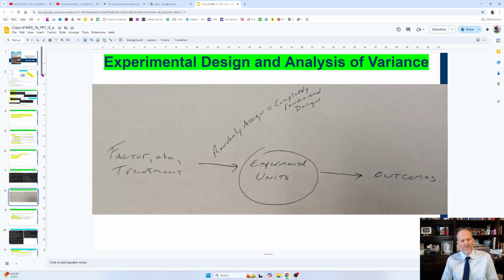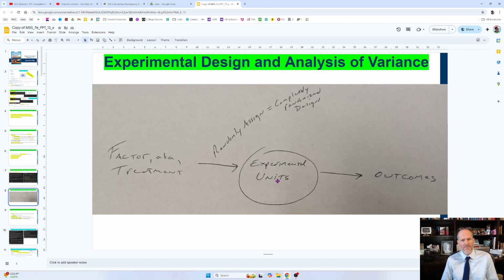But the factor might be diet, and then the treatment would be different types of diets, right? So I think about a treatment as sort of a subcategory of the factor, or the factor broken down into smaller pieces. So the factor might be a diet, and the treatment would be the different types of diet, and we apply those treatments to our experimental units.